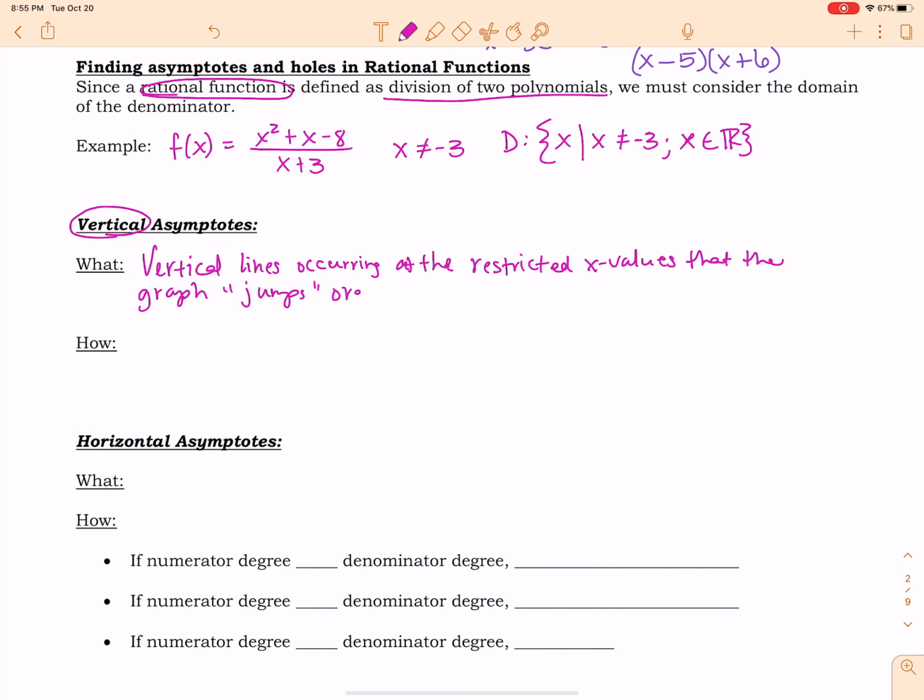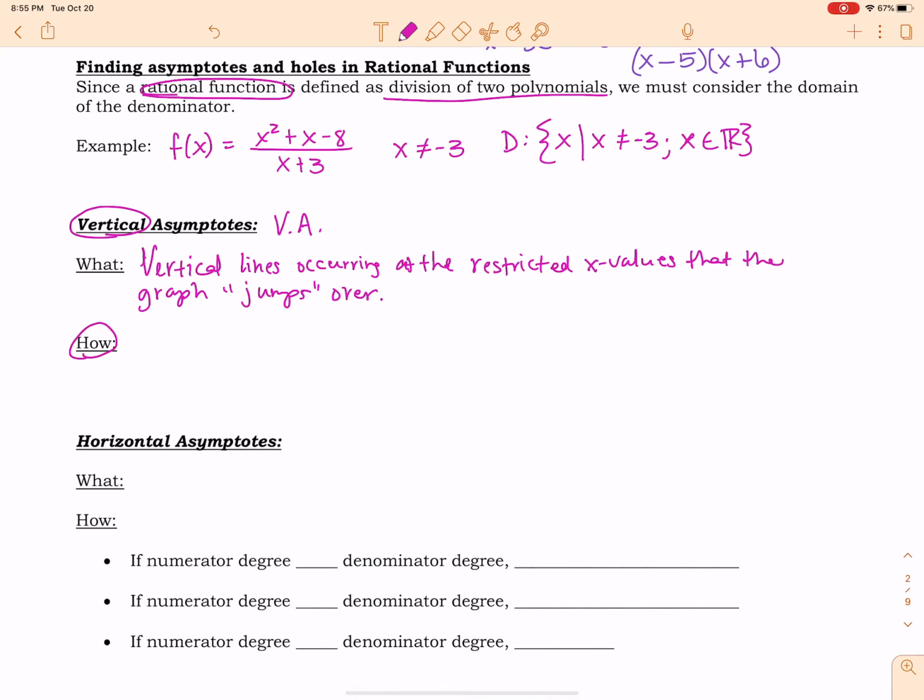So a graph is not going to cross a vertical asymptote, because x can't be those values. Vertical asymptotes are going to occur at these restricted values, so your vertical asymptote comes from your denominator. I'm always going to abbreviate these as VA just to make things easier for us.